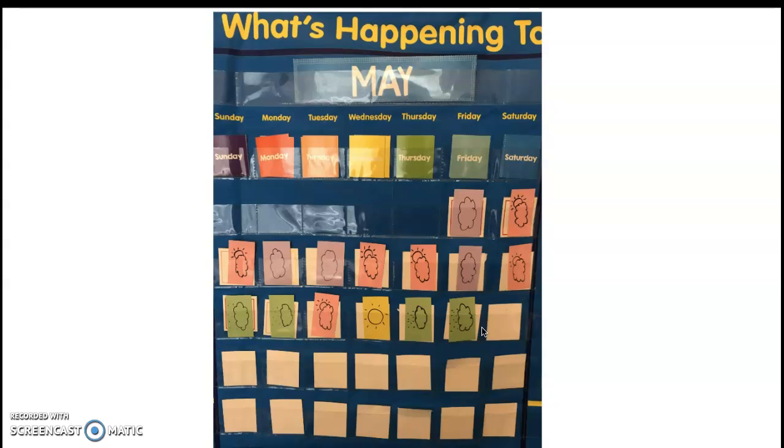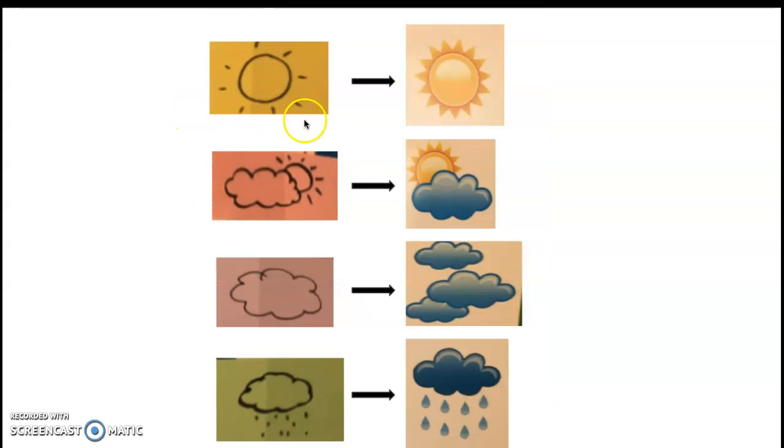Now, has the weather been the same each day? No, it hasn't. You'll see there's purple marks, red or pink marks, yellow marks, and green marks, and they all mean something different. The yellow mark means it was a sunny day.